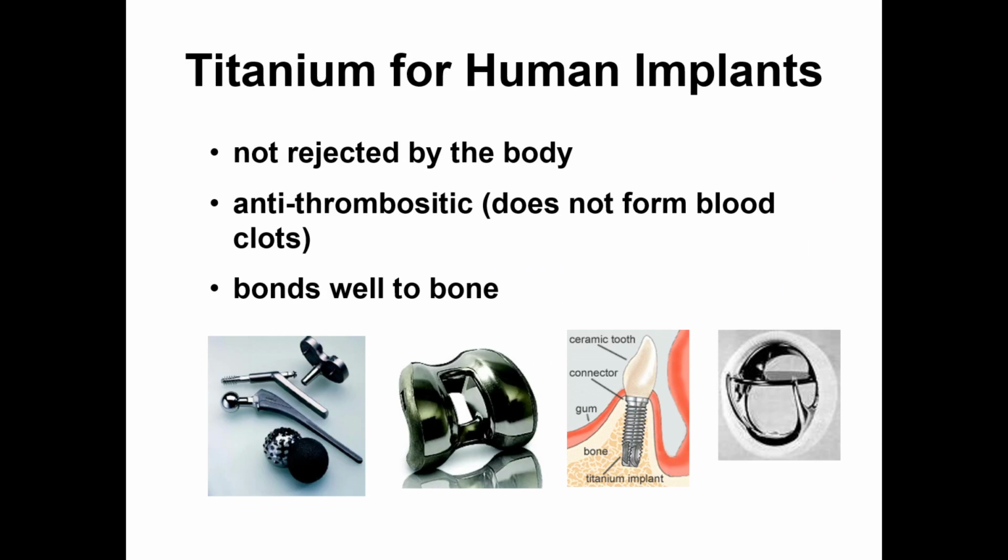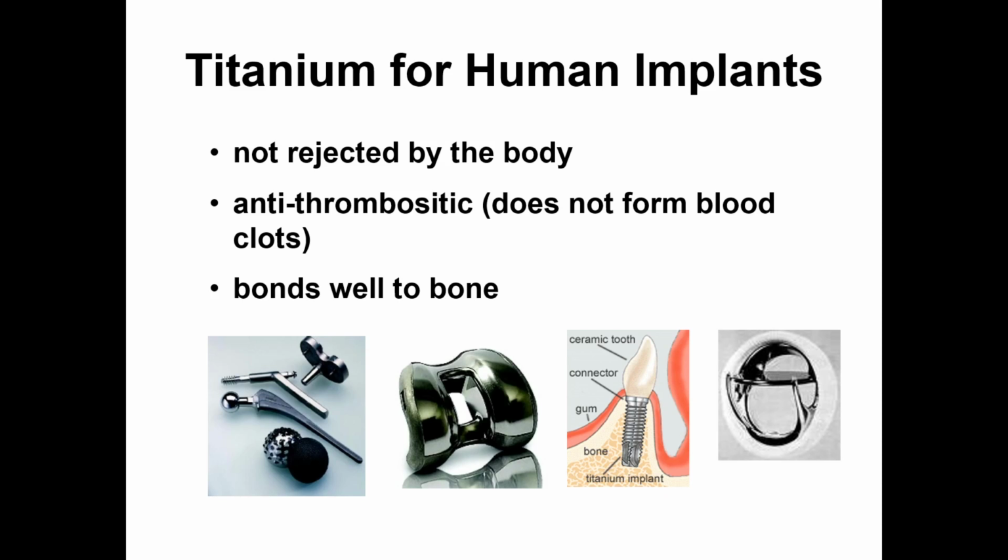All right, titanium has some other useful properties besides just heat resistance. It has the characteristic that your body doesn't reject it, so you can make parts that can be implanted into the human body and they're not rejected, and they don't form clots, so you can make things like heart valves and knee implants.